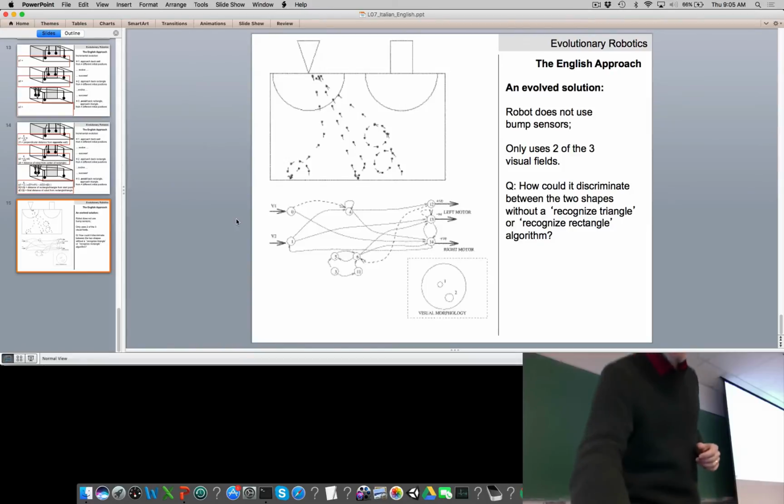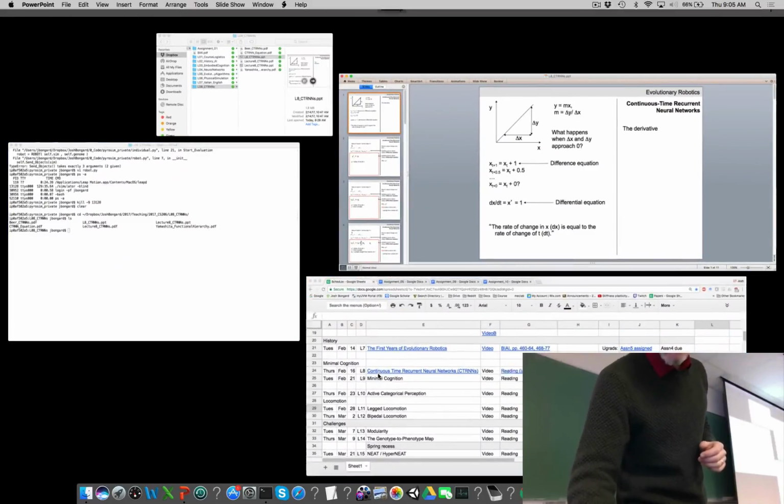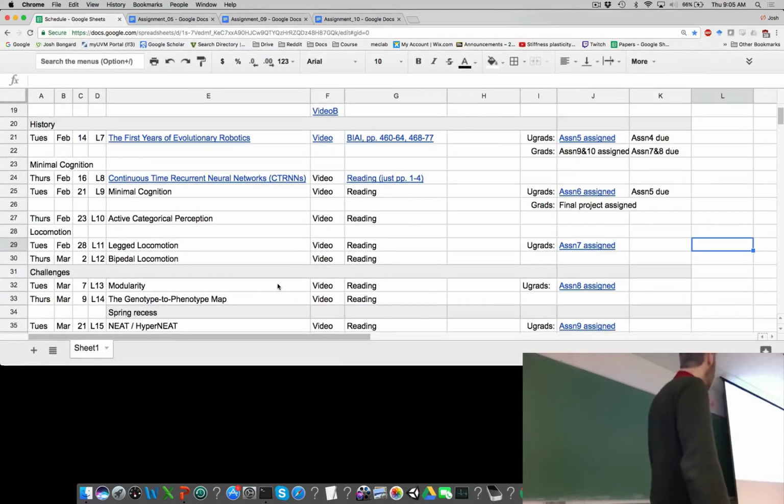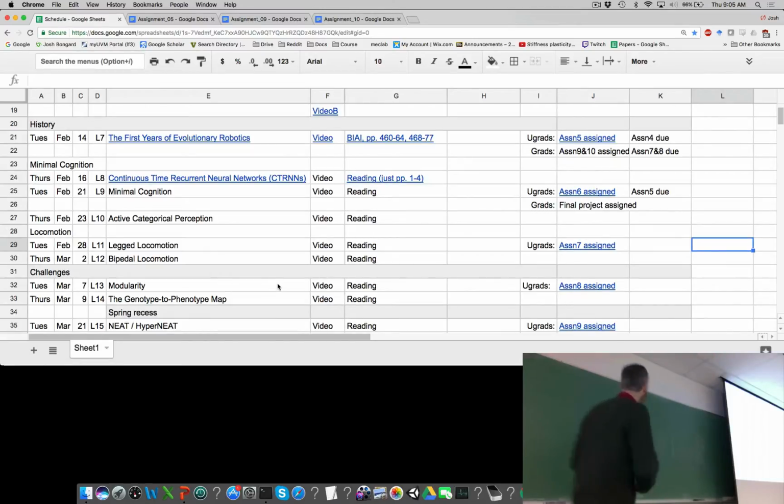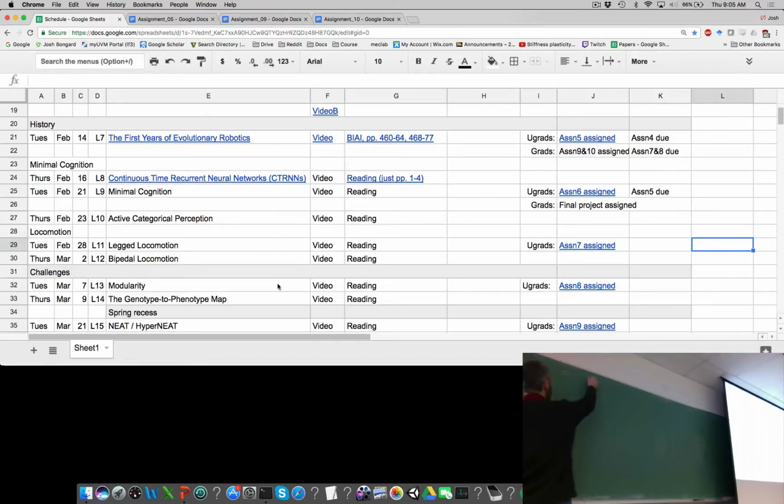All right, so let's shift gears now. As I mentioned, we're going to now have a look at some minimal cognition experiments. These minimally cognitive robots are equipped with a particular kind of neural network called a CTRNN. So again, let's just review what we've seen so far. The simplest neural network that we've seen so far is that each neuron in the neural network, the ith neuron if you like, is at every time step set equal to something which is placed inside of an activation function.